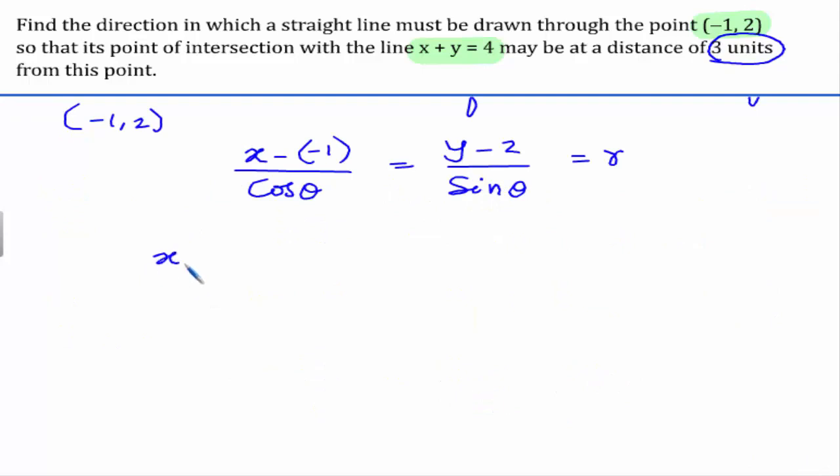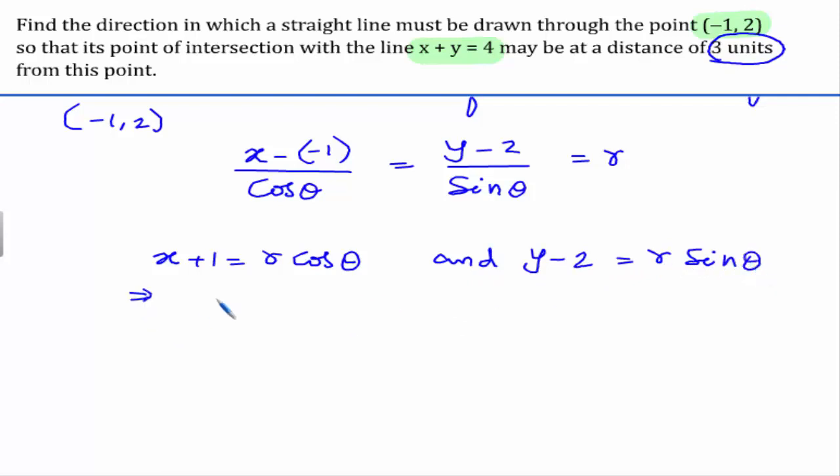So therefore x plus 1 is equal to r cos theta and y minus 2 is equal to r sin theta. So this will give us x is equal to r cos theta minus 1 and y is equal to r sin theta plus 2.